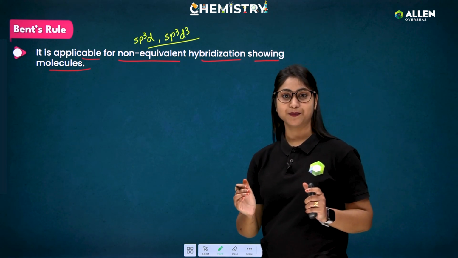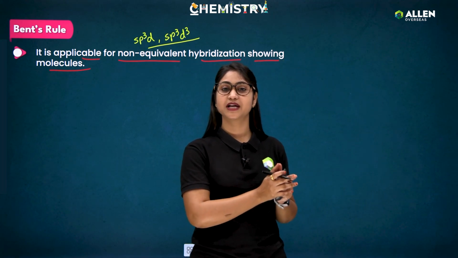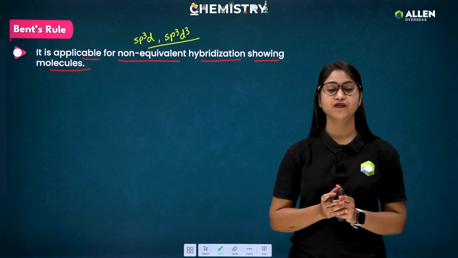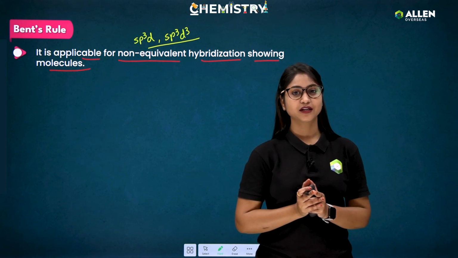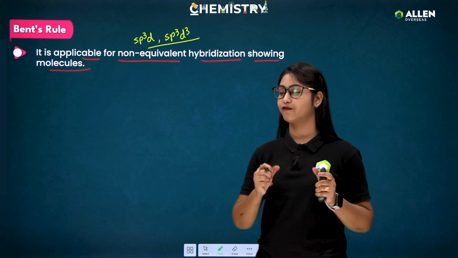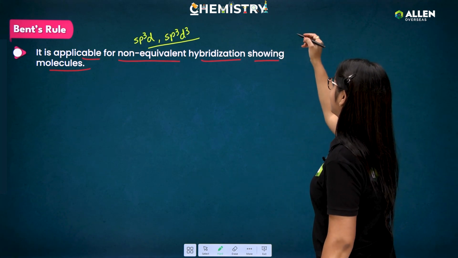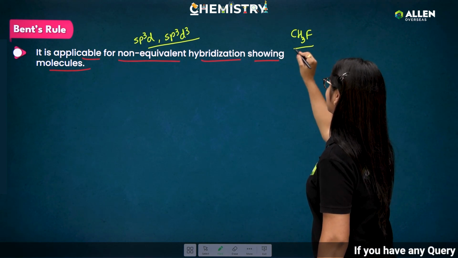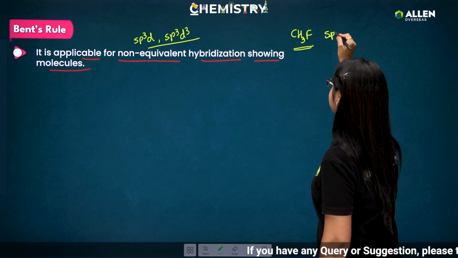But in those hybridizations also, they can become non-equivalent when they have different surrounding atoms or when the central atom contains a lone pair. For example, I have this molecule CH3F, okay. This is having sp3 hybridization.